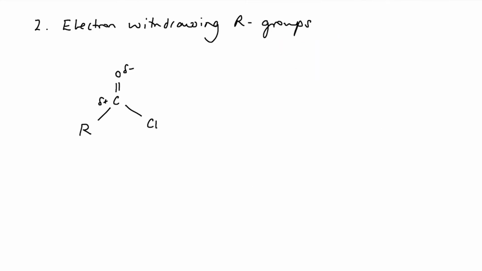So we've explained the effect of electron donating R groups on the carbonyl vibration. What about electron withdrawing groups? Well, let's go back to our acyl chloride. We know that chlorine is significantly more electronegative than carbon, and it pulls electrons away from that delta positive carbon.